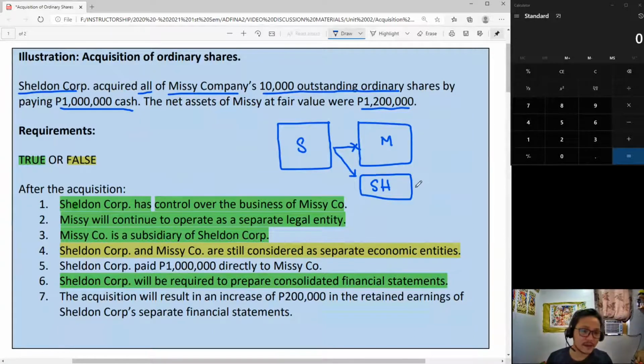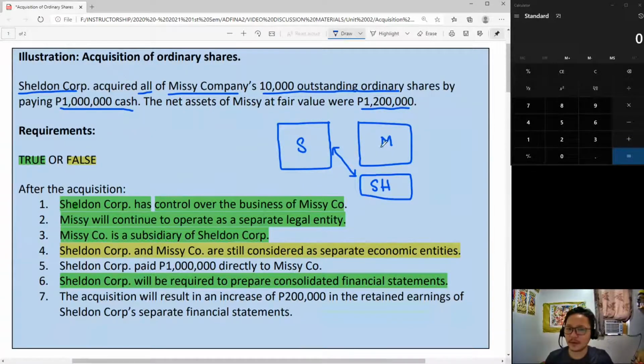Kasi po sila ang may-ari ng ordinary shares. And they are the ones selling the shares to Sheldon. The shares are not being sold by Missy because they have already been issued prior. They are already outstanding. So, the transaction in acquisition of ordinary shares is not company to company. Rather, it is acquirer to shareholder.